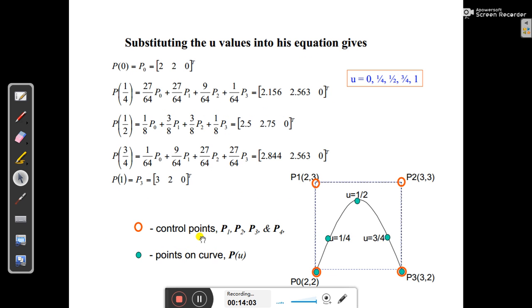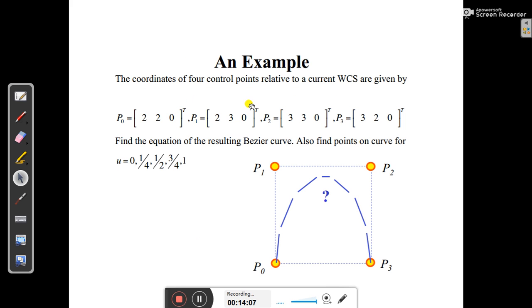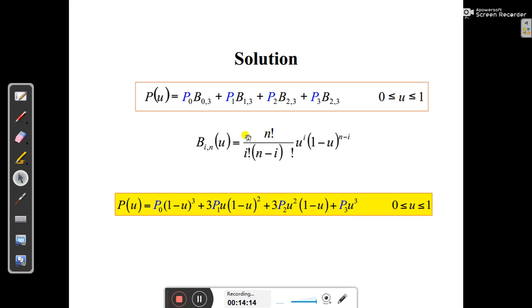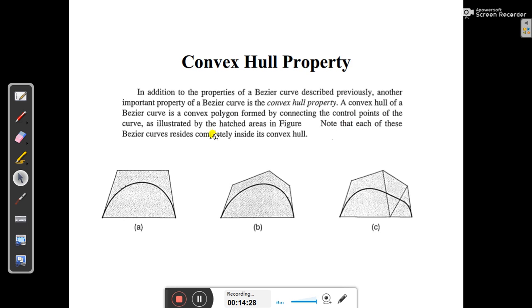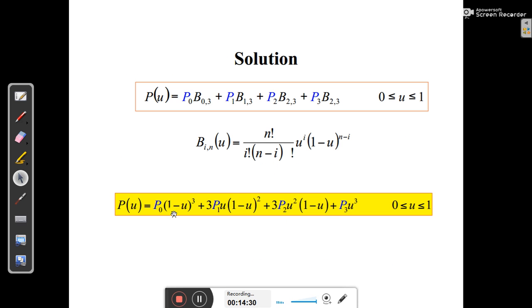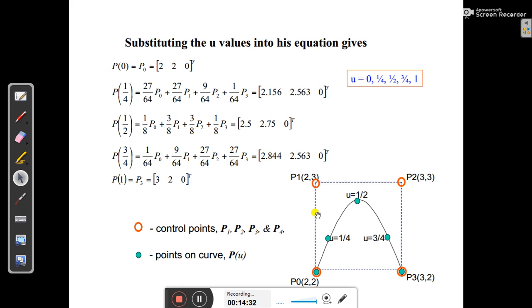And the main important part of today's video is this part. This is a simple solution of how we can go through it, and you just need to understand this process, this equation first, and this equation. But you might not go through this equation also; you can directly understand this one and this one, and just put in the values of u given here, and the values of P0, P1, P2, P3, which can be obtained from this equation.